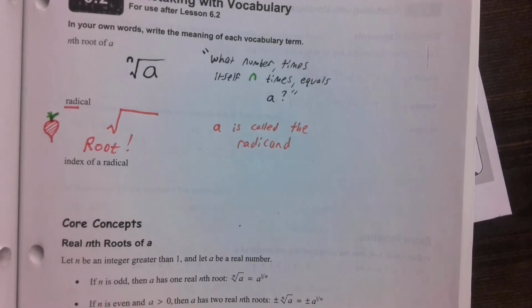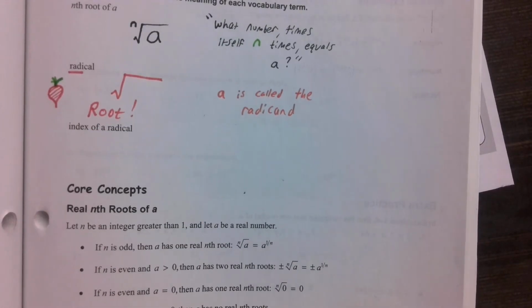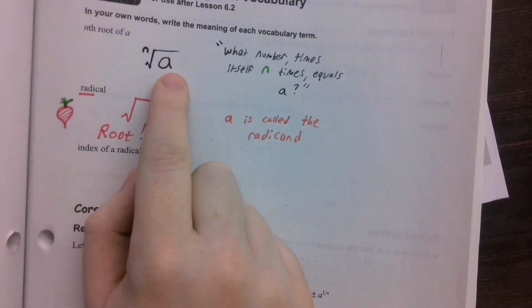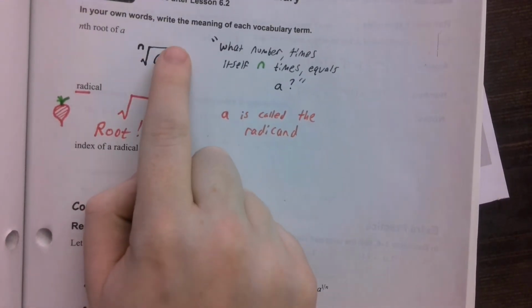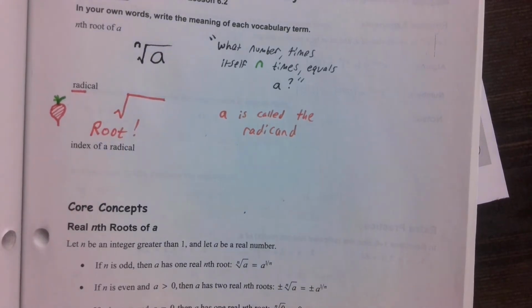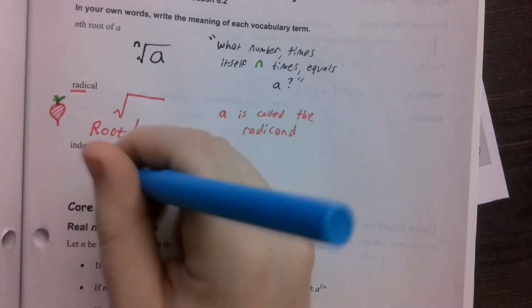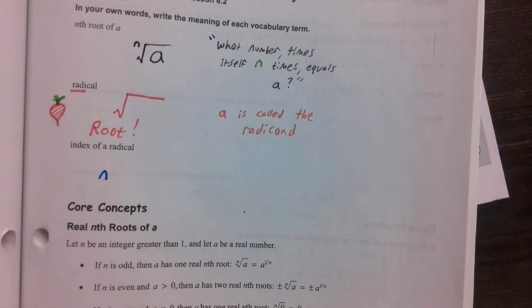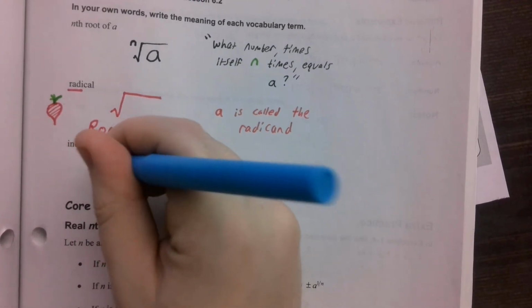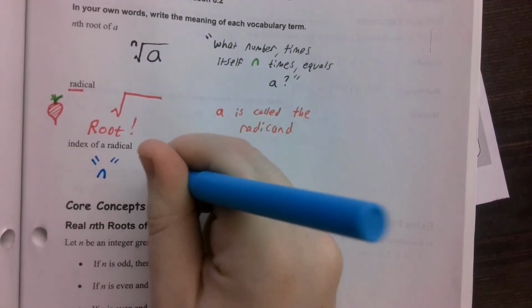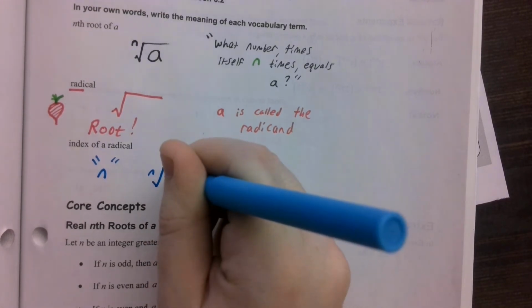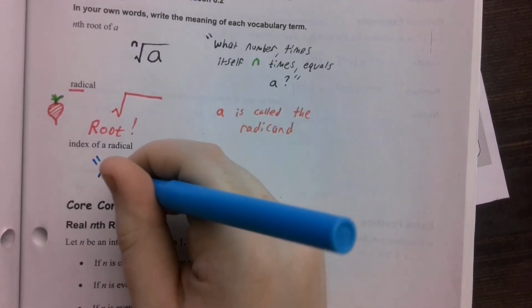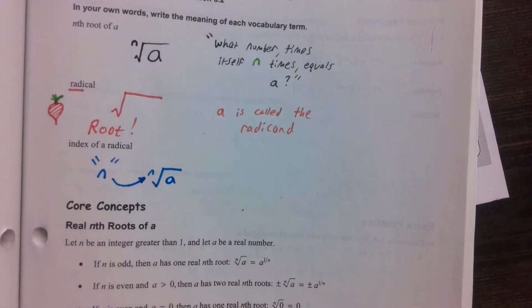The index of a radical is another piece of this. We have our radicand, which is A. We have our radical symbol, which is the square root symbol. Our index is n. N is what we call the index. And n is always going to float right over the left-hand side of our radical.